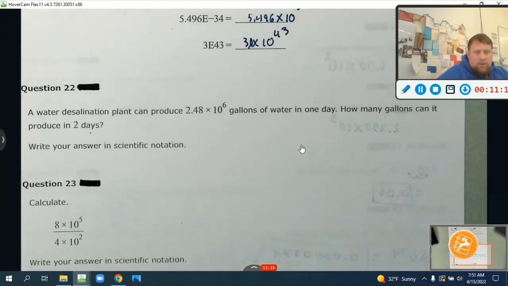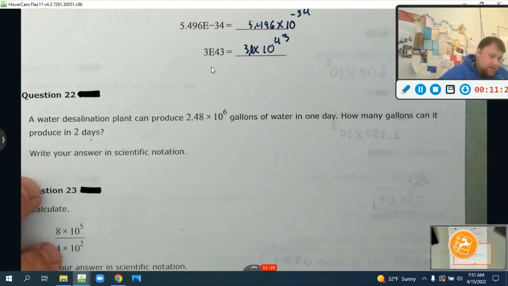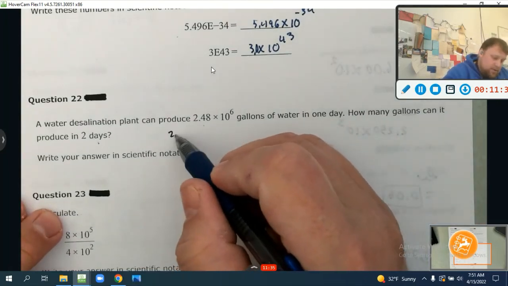A water desalination plant can produce 2.48 times 10 to the 6th gallons of water in one day. How many gallons can it produce in 2 days? Well, it's going to produce twice that amount, which I'm going to multiply times the 2.48 because, you know, order doesn't matter. So what's 2 times 2.48?